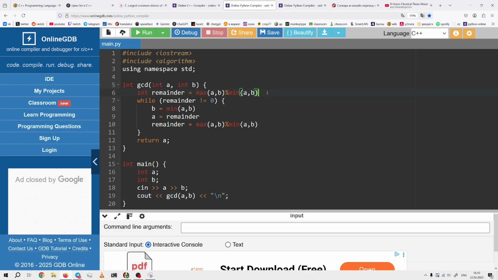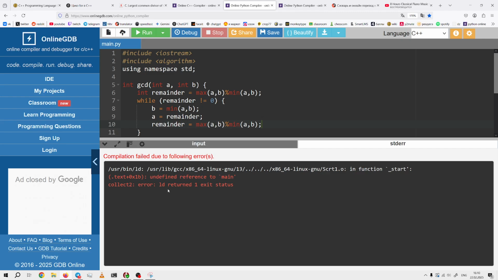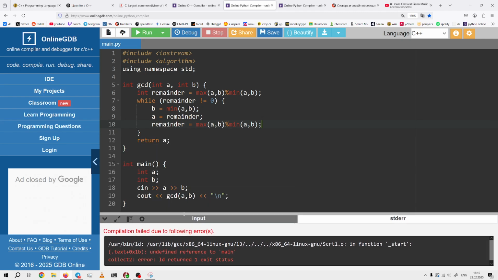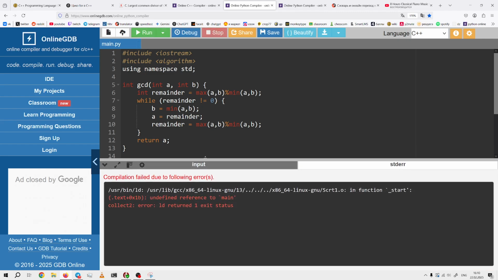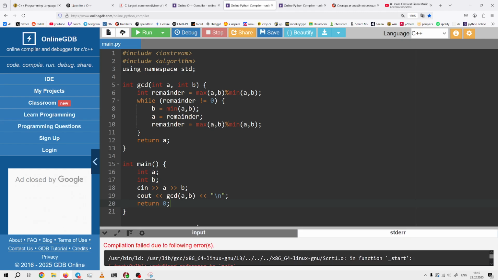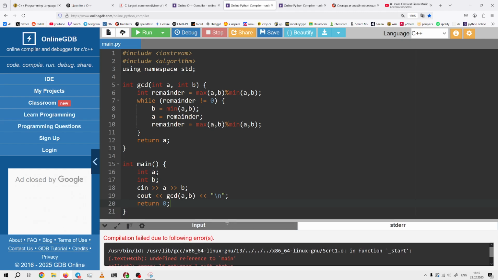Okay, of course, guys, we need to not forget about all this stuff. And look what we got: error, ld returned 1 exit status, main. Wait, of course I need to return, guys, don't forget to write return. Int main. What is wrong? Wait, I don't understand.